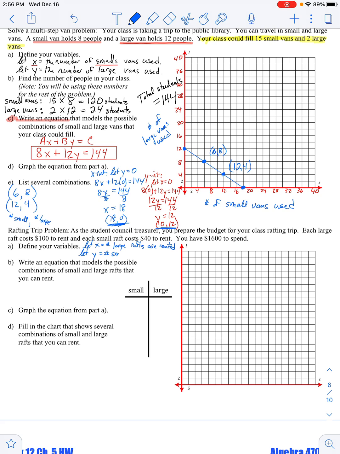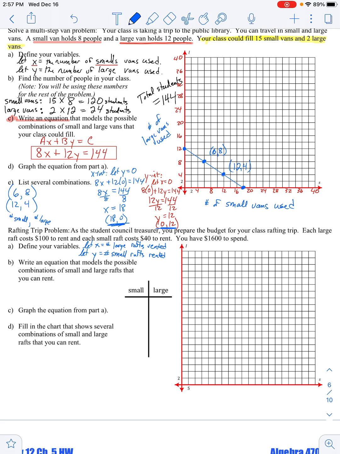And then y is going to be the number of small rafts. I'll just slide that over then.